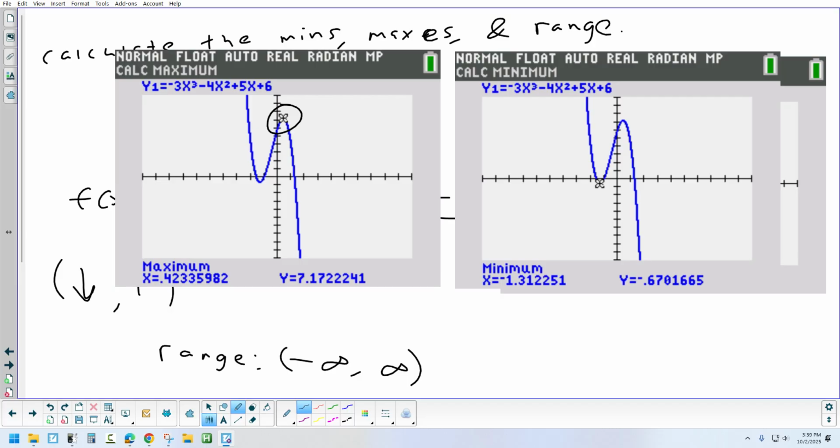That's the highest that it goes in that area, is the y value. When that occurs is at 0.42. Okay. So the x is where the maximum occurs. The y is what the actual maximum is. Is that the same for the minimum? Same with the minimum, yep. So the minimum here is at negative 0.67, and it occurs when x is negative 1.3. So there's an important difference between what it is and when it occurs. Any question on that difference?